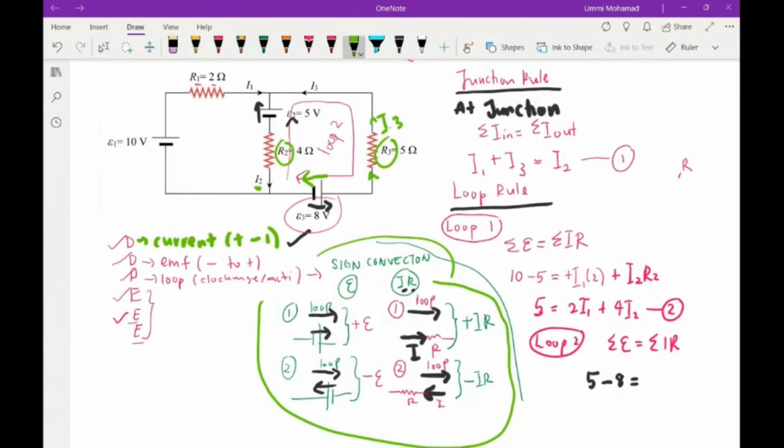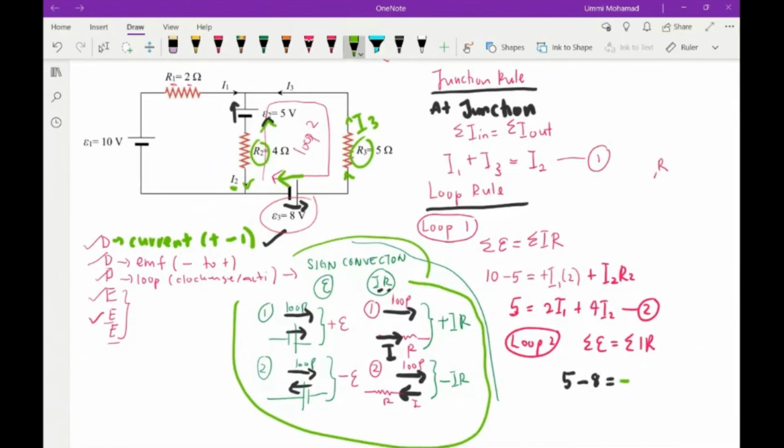I2 is downward and our loop is upward, so it is negative I2 R2, or you can straight away substitute: negative I2 times 4.